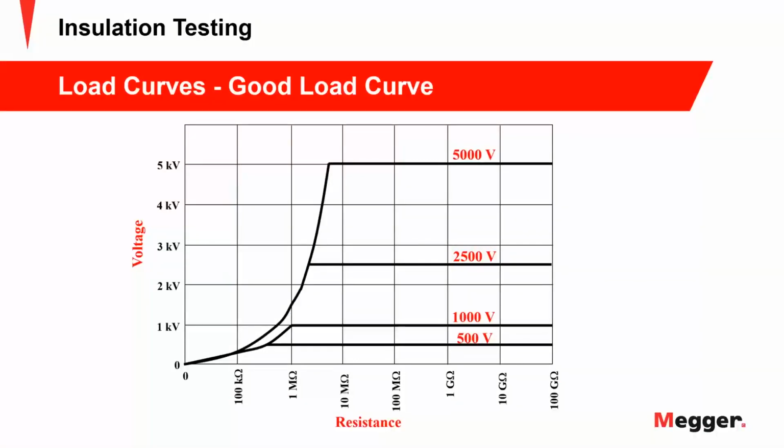This is what you want. You want your test voltage to rise sharply up to the selected value. This should be commensurate pretty much with what they call the 1 megohm rule, which is that you never want to see less than 1 megohm on your equipment, as that generally indicates there's a real problem.